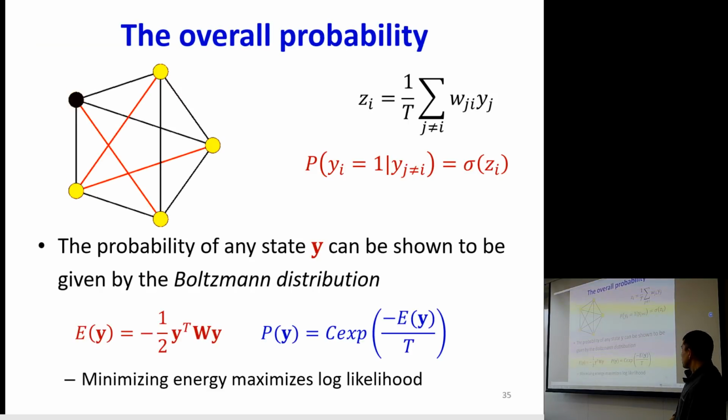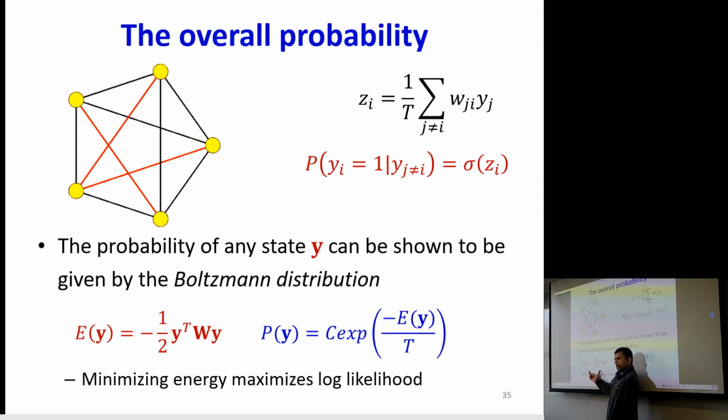And if you work your way through the arithmetic, it turns out that the probability of any state, we saw this in the last class, we actually went backwards. We went from the Boltzmann distribution to the logistic, but you can also go the other way. And it turns out that the probability of any state y can be shown to be given by the Boltzmann distribution, where this is the energy of the state, right?